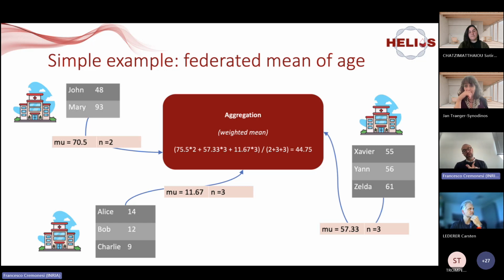The third informative thing about this example is that it shows that the information that each hospital shares with the final central server is aggregate information. Every hospital only shared the average age and the total count.